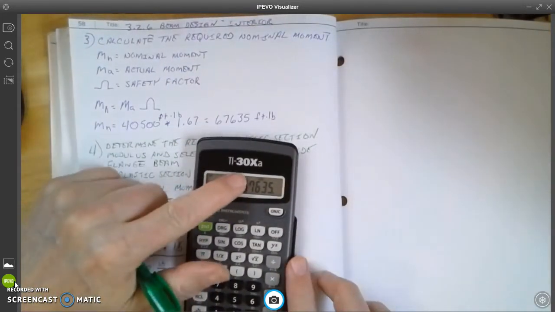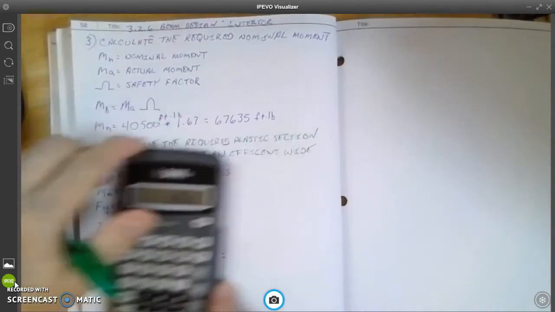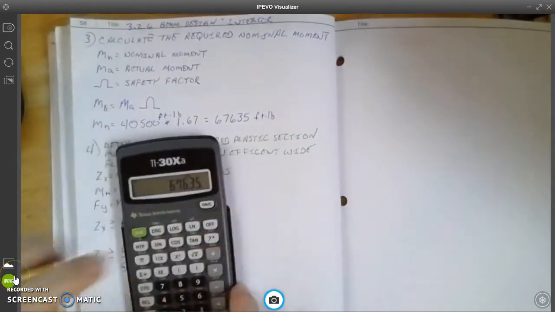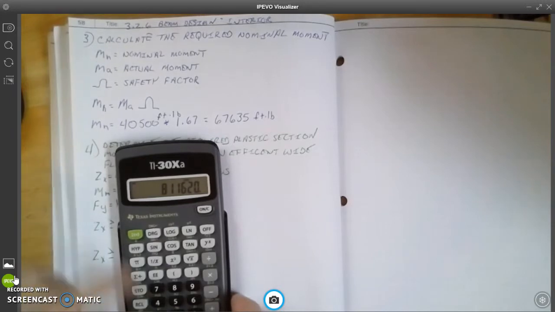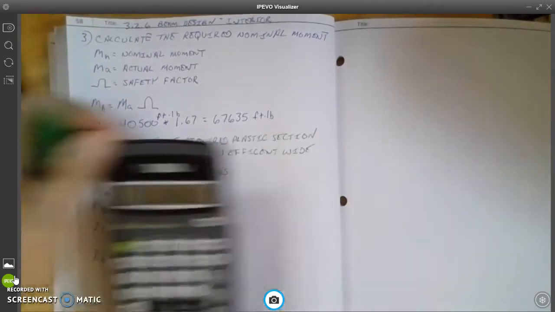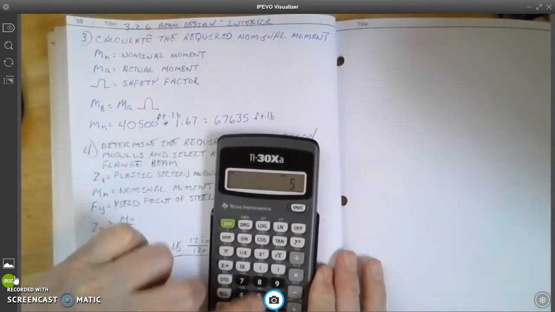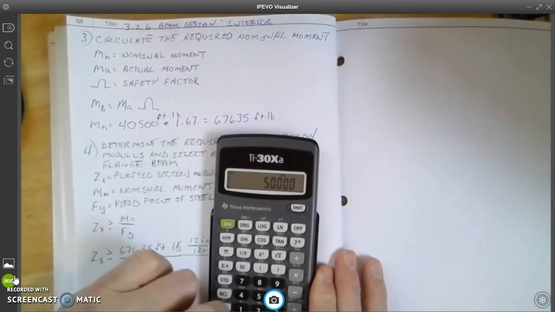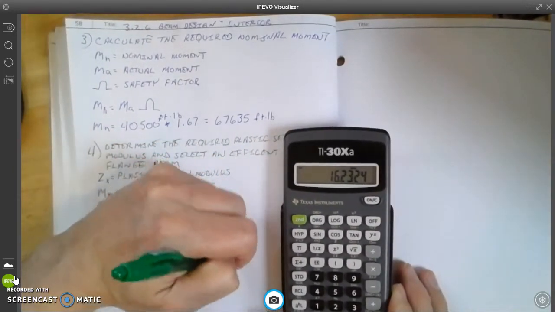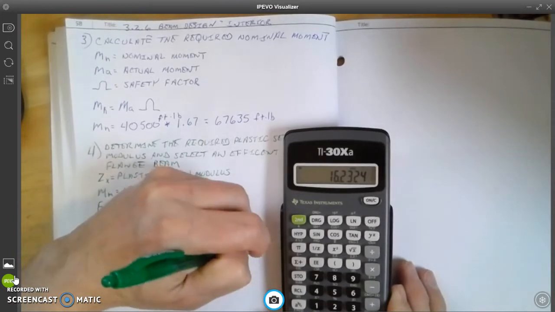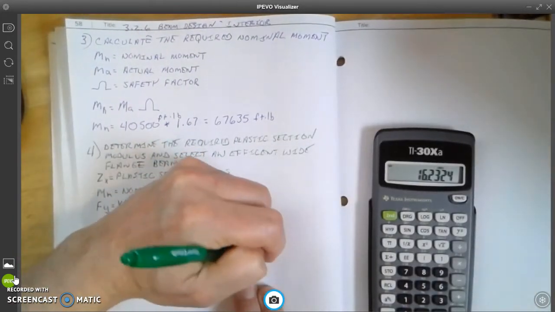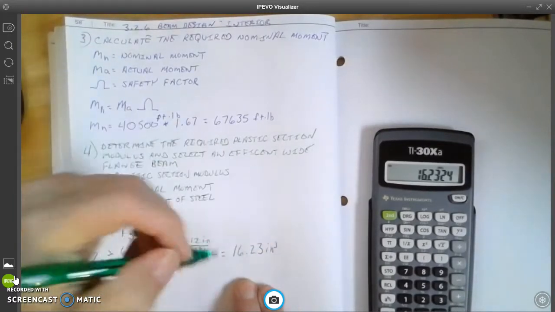So I've got my 67,635. I'm going to multiply that times 12. That equals that number. And then I'm going to divide it by 50,000 equals 16.23, and that is going to be inches cubed.